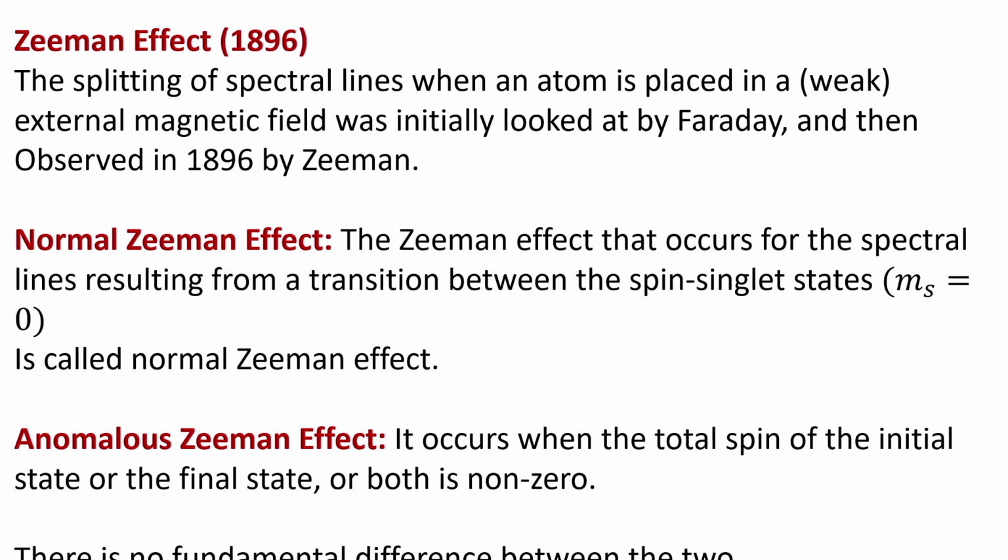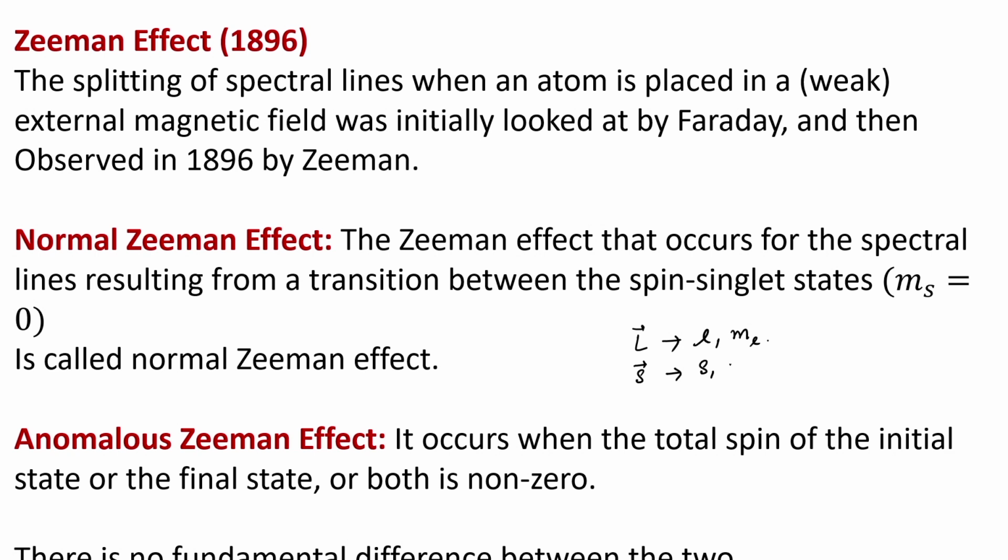What we mean by spin singlet state is that the MS value, that is the azimuthal or the magnetic quantum number rather, corresponding to the spin. Just like for angular momentum we have L and M, now we have to write L and ML, and this is precisely because we are also going to talk about spin, because spin is the degree of freedom that is going to couple with the external magnetic field.